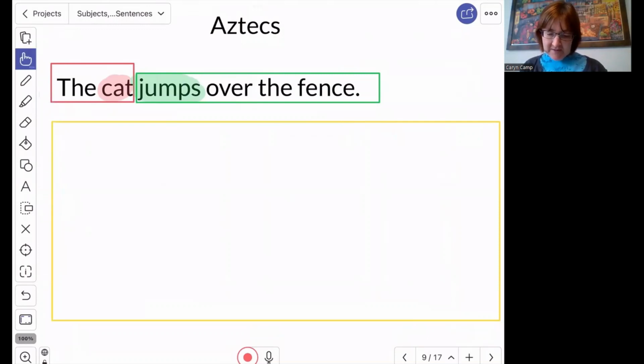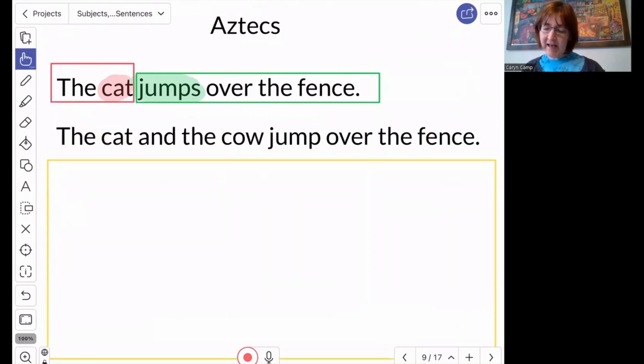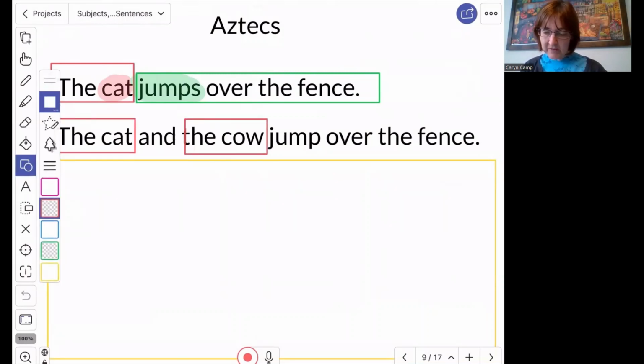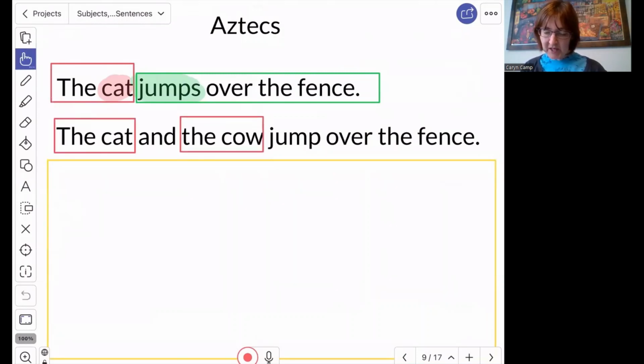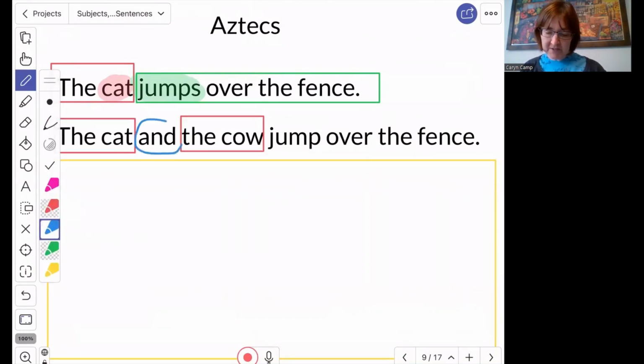Okay, let's move on. The cat and the cow jump over the fence. Who is the sentence about? Well, it's about the cat, but it's also about the cow. So we have two subjects, and they're connected with the word and, the fanboys conjunction. So we have a compound subject.